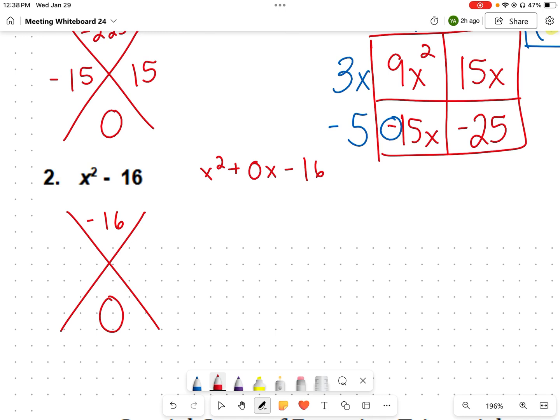Same numbers, just different signs. So if you're not sure, put it in your calculator. Negative 16 divided by x. And then you're looking for what multiplies to get negative 16, but one's positive, one's negative because it has to add to 0. So do you see it? It's 4 and negative 4.